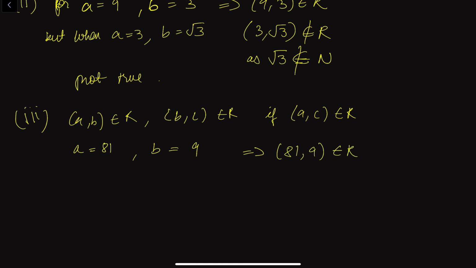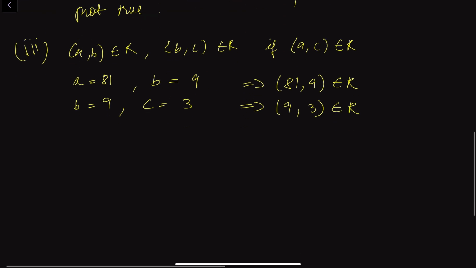Now if b is equal to 9, c is equal to 3, this implies that (9, 3) belongs to R. We have to check whether (81, 3) belongs to R or not. If a is equal to 81, then c will be equal to 9 if we are taking this example.